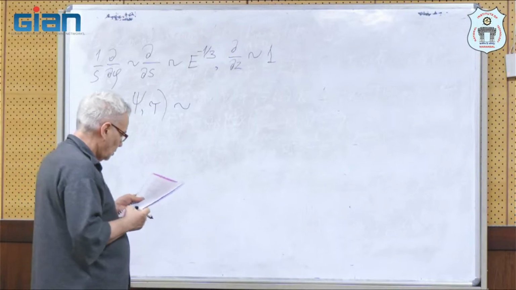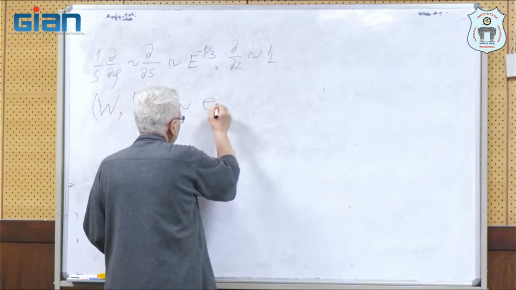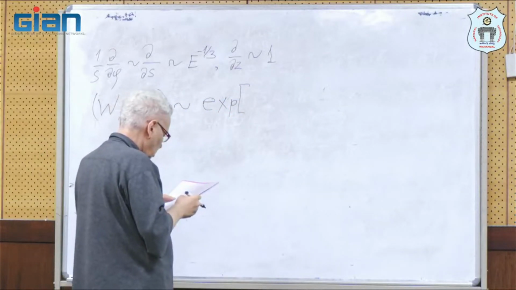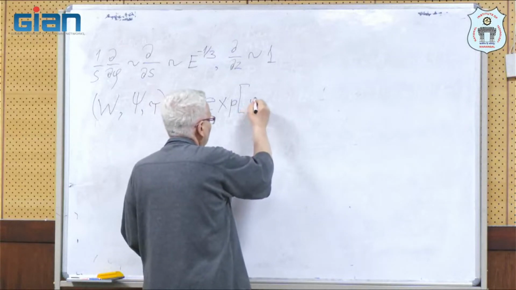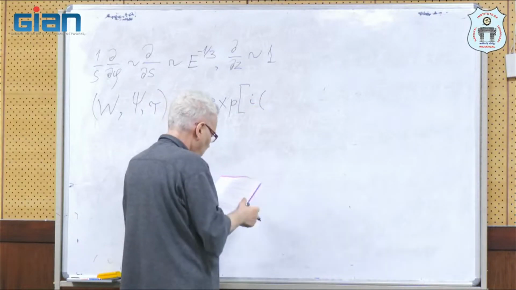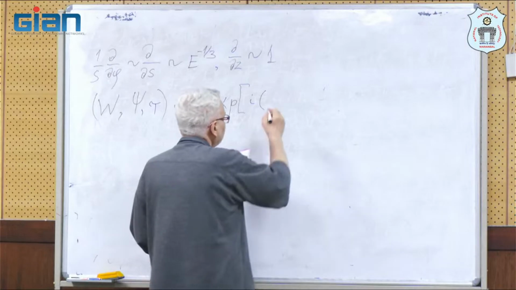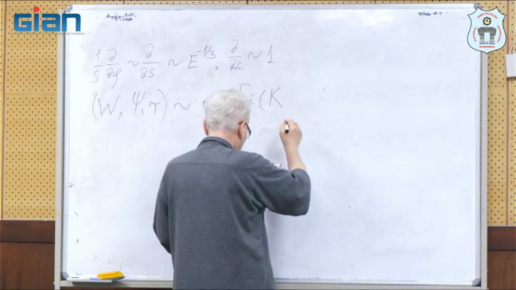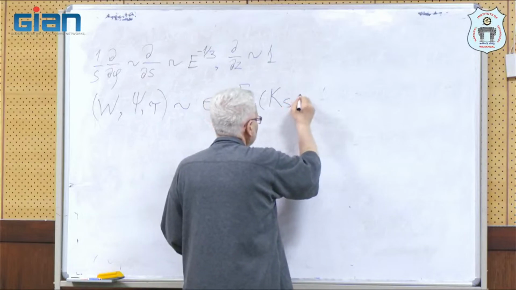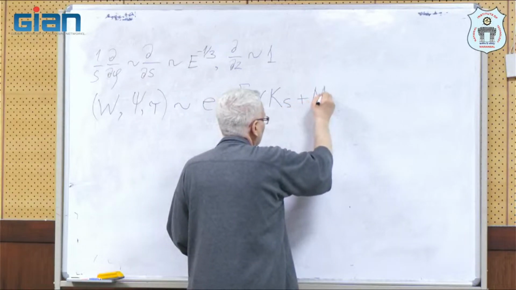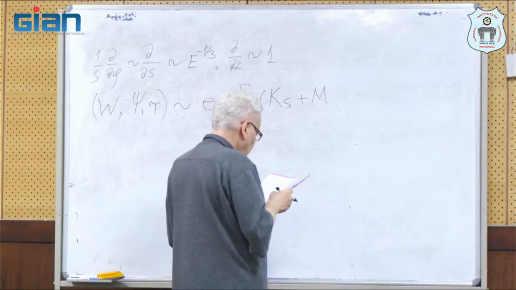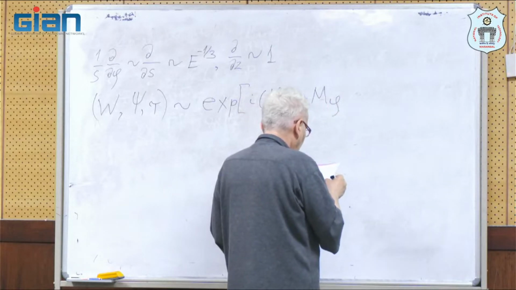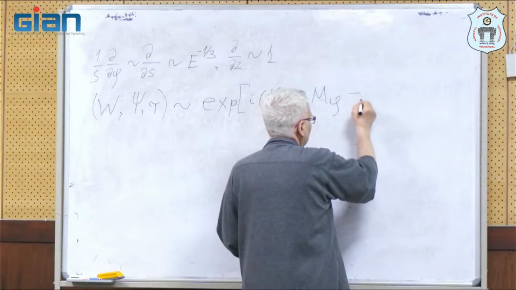So it's proportional to the exponent of i, and then there is constant capital K, which is multiplied by s. Then there is m, which is multiplied by phi. And finally, there is omega.